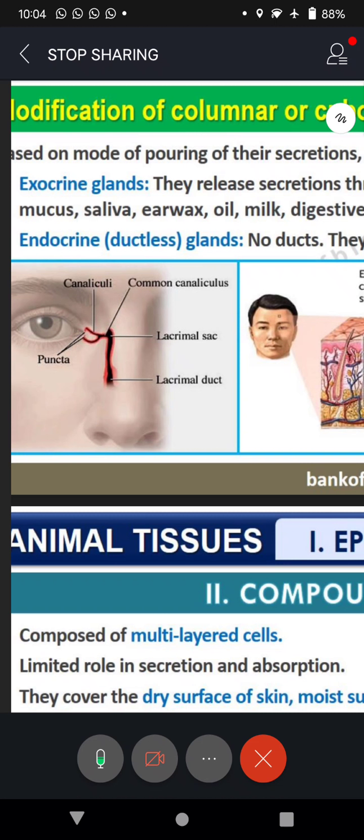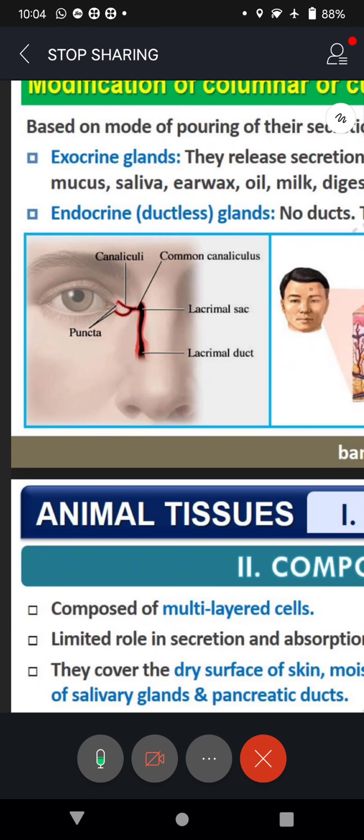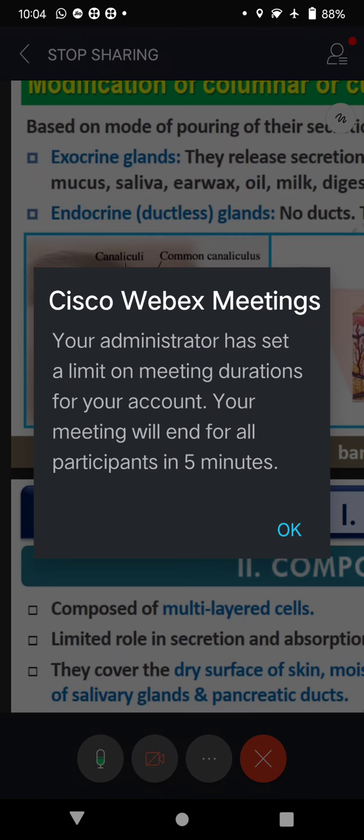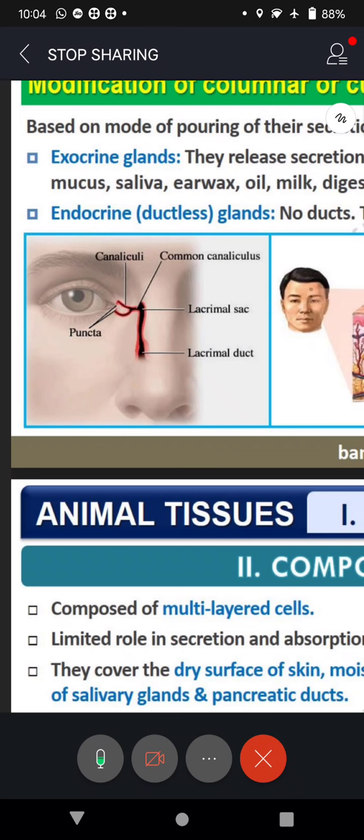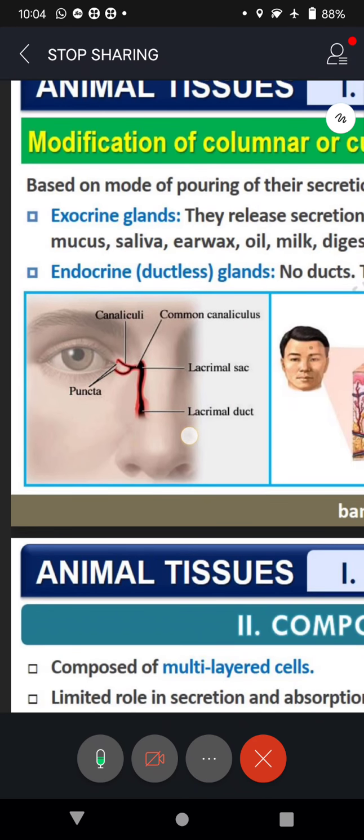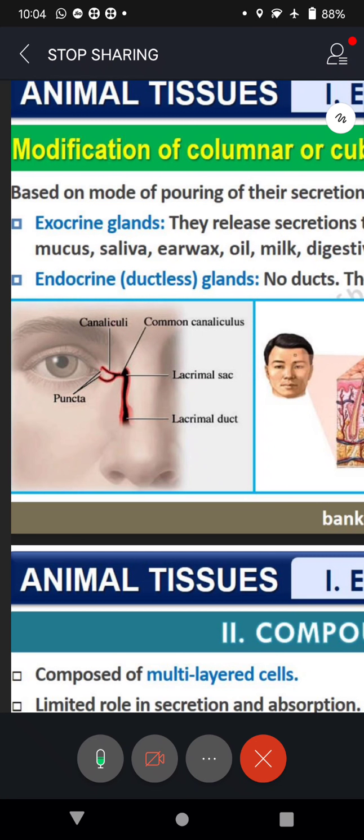Endo means inside. They secrete inside, and they are present inside also. Exocrine means they have ducts, one tube will be there. First of all, one gland will be there. What is a gland? A group of tissue. And the tissue will have one tube. If a tube is there, then we say exocrine gland. On the other hand, if only the tissue is there, the gland is there, but there is no tube, no duct, then we say endocrine. The other name for endocrine is ductless glands.